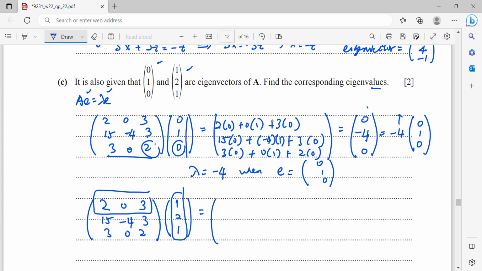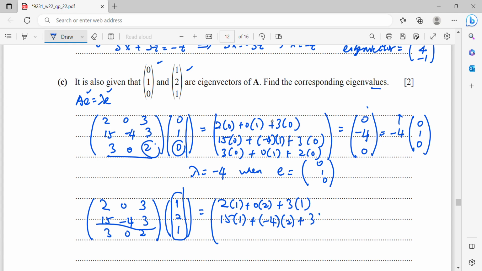So I will get 2 times 1 plus 0 times 2 plus 3 times 1. Then followed by second row times first column of the next matrix. So I will get 15 times 1 plus minus 4 times 2 plus 3 times 1.